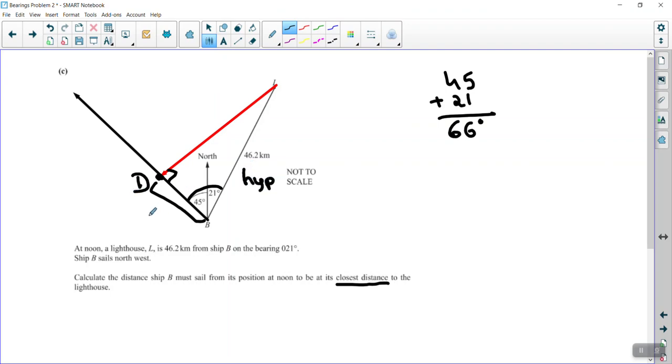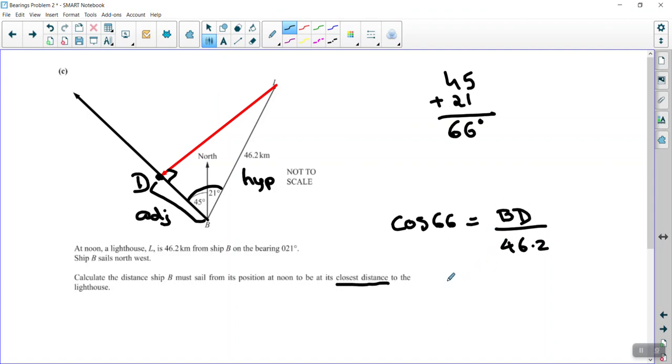What we require is the adjacent. We don't need the opposite. So we have the hypotenuse, we need the adjacent. We'll be using cosine, and the angle here is 66 degrees. So we have cosine of 66 equals adjacent, which is missing, you can call it BD, you can call it X, over the hypotenuse, which is 46.2.